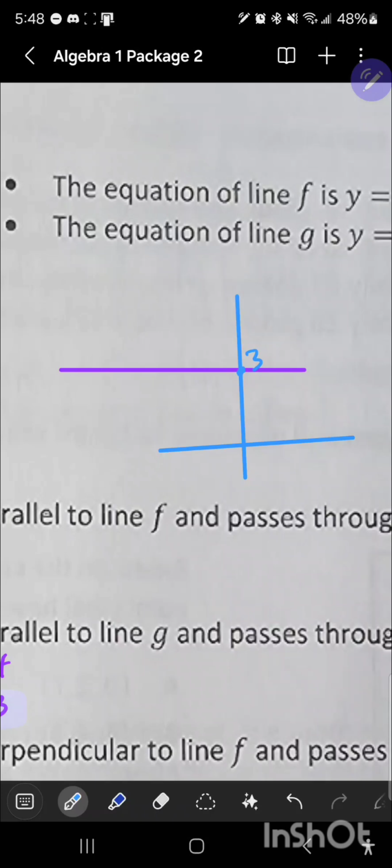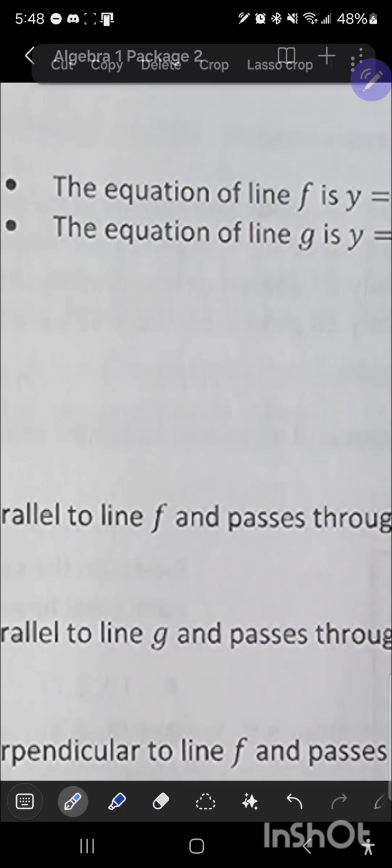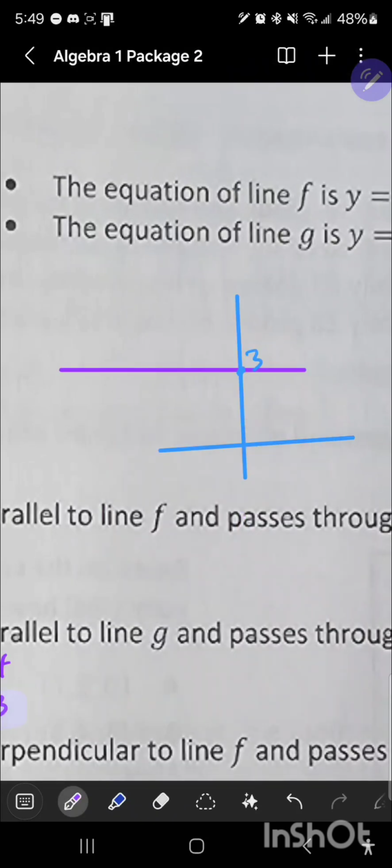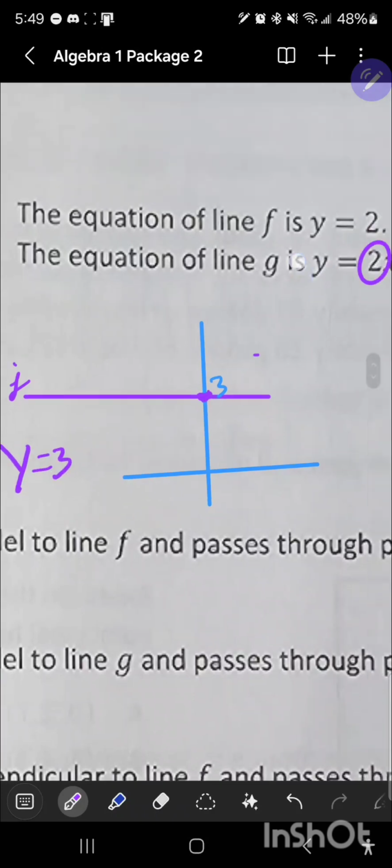I will say this line, J, is intersecting the y-axis at y equals 3. So I will say that the equation of this line is y equals 3.